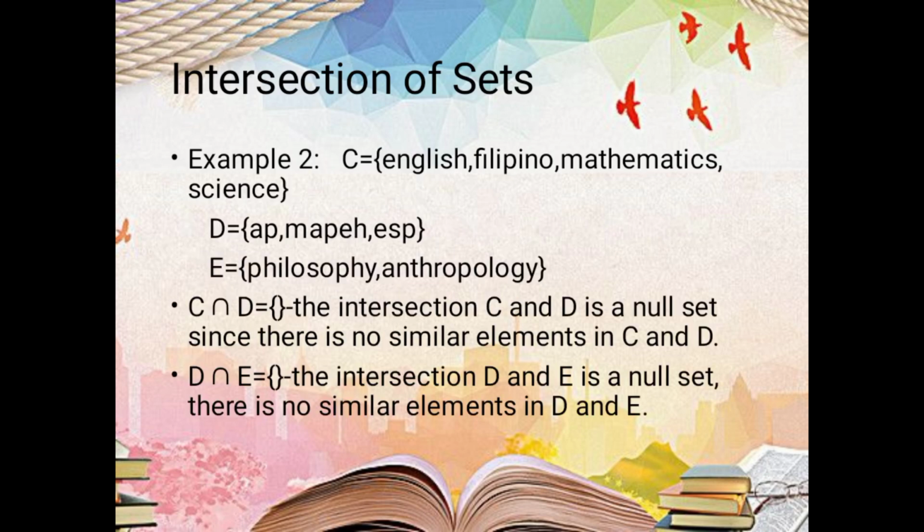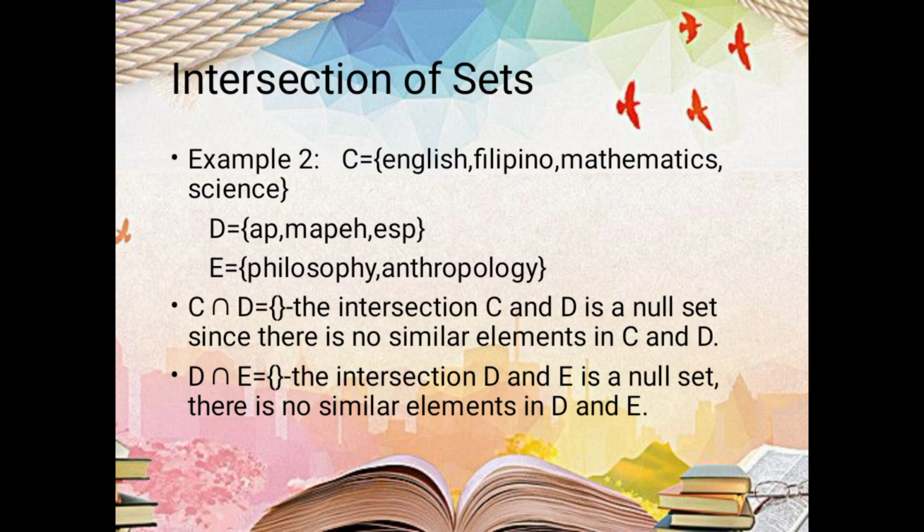For example number 2, C is equal to English, Filipino, Mathematics, Science, and D is equal to AP, MAPE, and ESP. And letter E is equal to Philosophy and Anthropology.